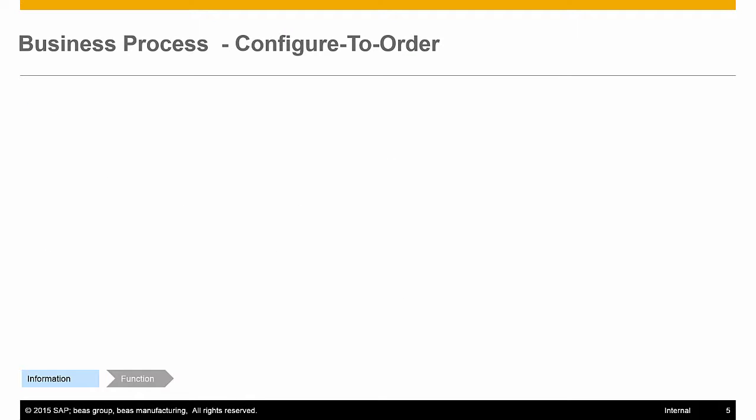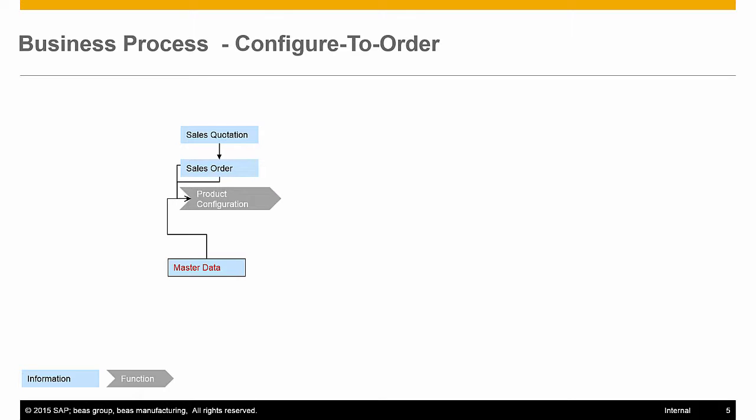Let's have a look at the business process we will see today. It is configure to order, and we will use the beas product configurator to deal with that. We can start using the product configurator from a sales order or from a sales quotation in Business One. Of course, we have previously defined some data at the level of the item, so we have master data.